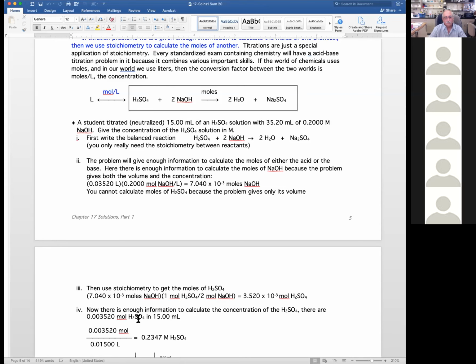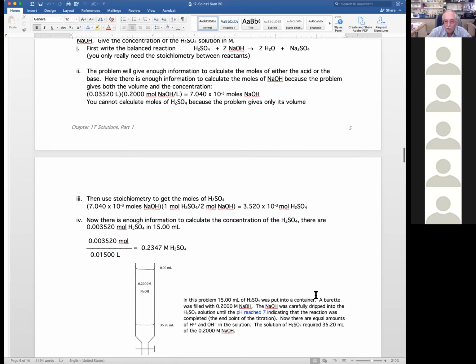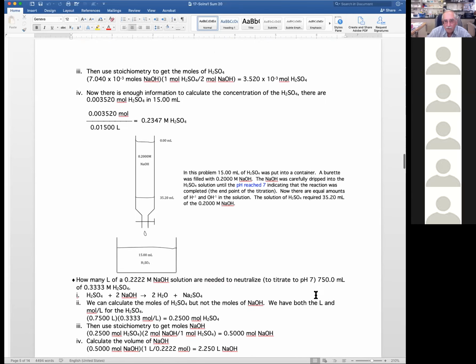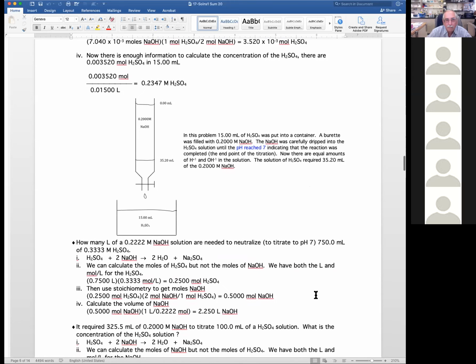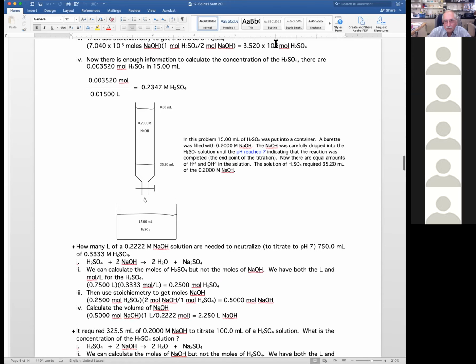We need to get rid of moles of sodium hydroxide and keep moles of sulfuric acid, and the 1 and the 2 come from the balanced reaction. So now we have moles of the acid, and we have enough of the problem to calculate the concentration. There's that many moles of acid in 15 milliliters.